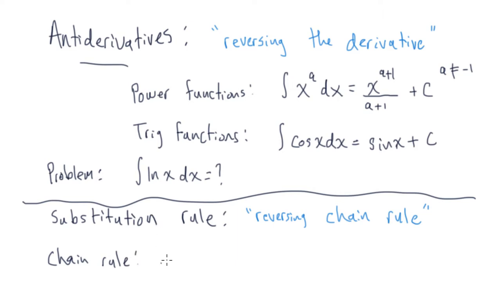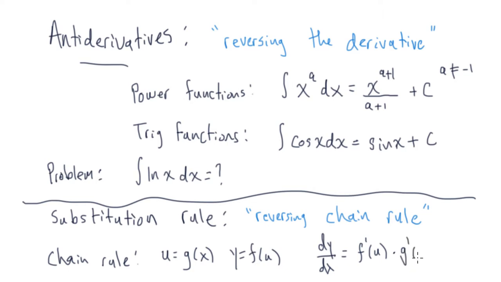If I have that u is a function of x, like that, and then f is a function of u, or I can write that as y equals some function of u, well then the derivative of f with respect to x, so in other words dy dx, is equal to f prime of u times g prime of x, like that. Okay, so that's what the chain rule says.